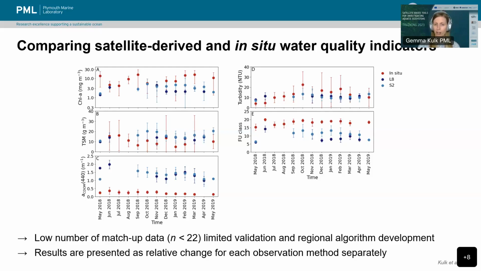We therefore chose to use the selected satellite algorithms, considering that these algorithms have previously been used for Lake Vembanad, and considering that the results are presented as a relative change separately for remote sensing and the in situ data. After completing this work, we followed a modeling approach to validate and develop regional algorithms for 2 of the water quality indicators. And I will come back to this in much more detail in the second case study.